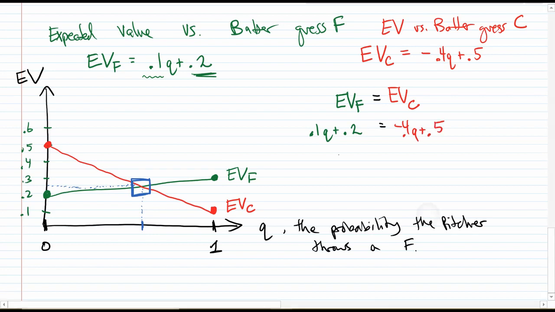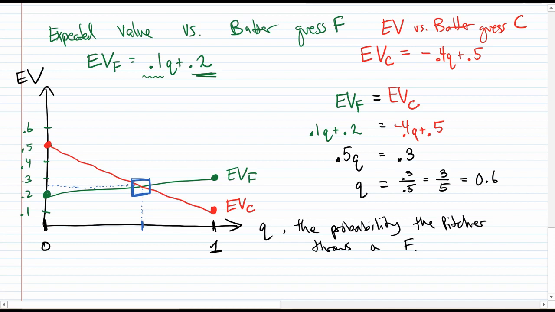Add 0.4q to both sides. And subtract 0.2 from both sides. Looks like I'm getting q is going to be 0.3 divided by 0.5, or 3/5, which in this case is going to be 0.6.